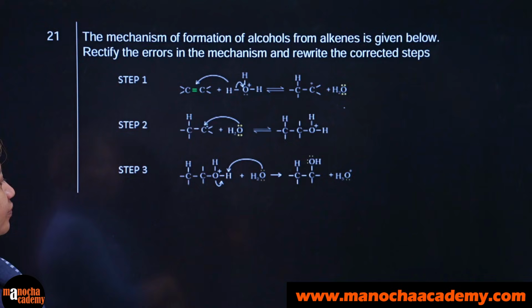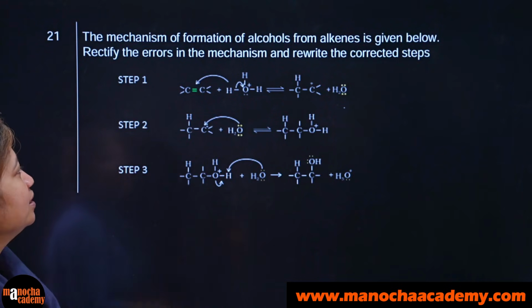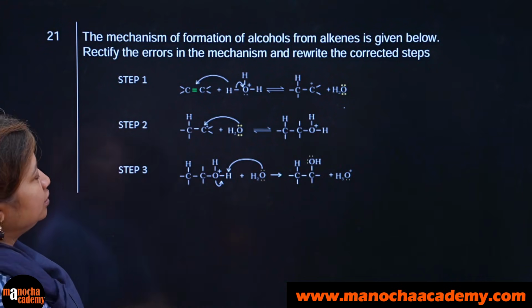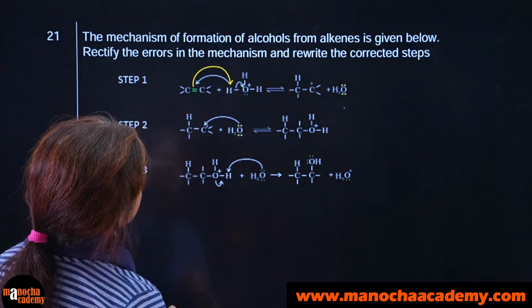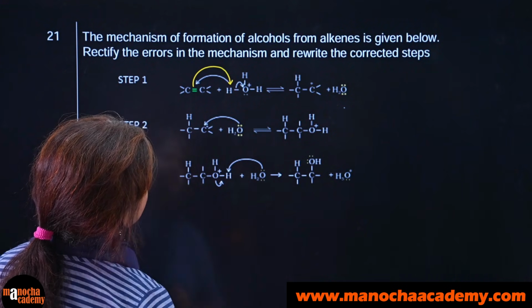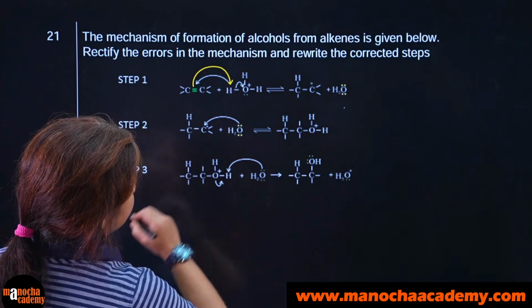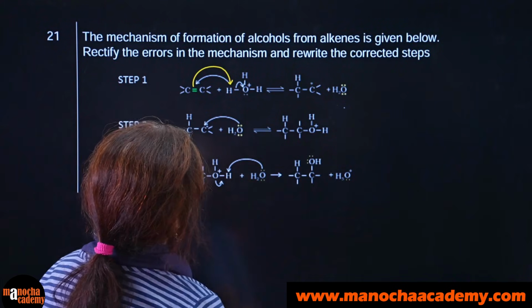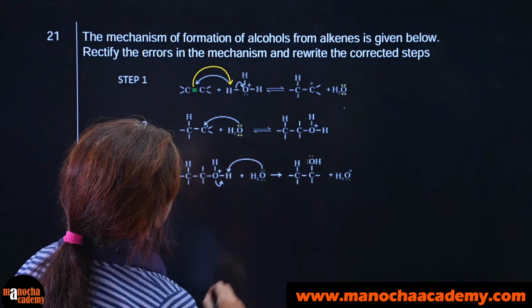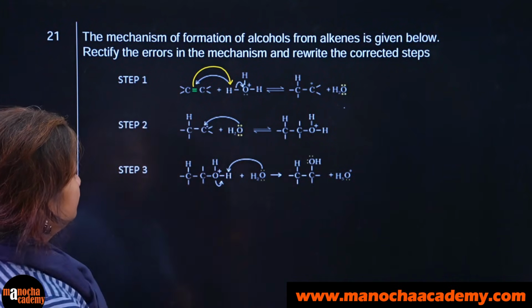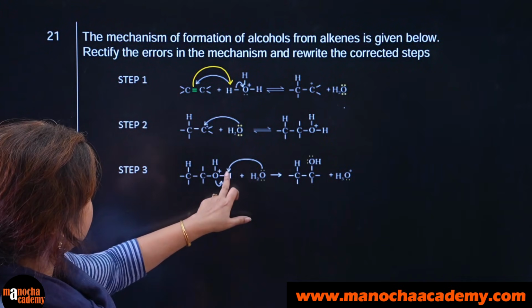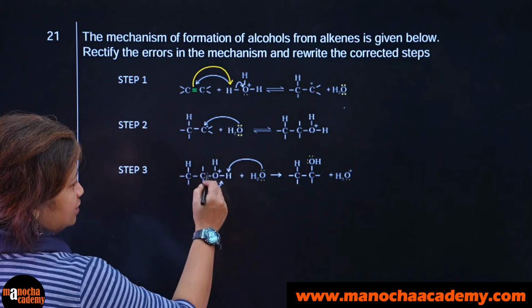So you can have a look at this. This is plus, then to this water is getting added. It is plus, perfect. Then water is taking up this, and this is again wrong.